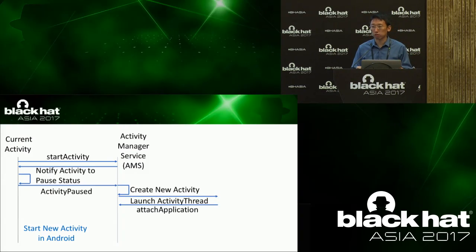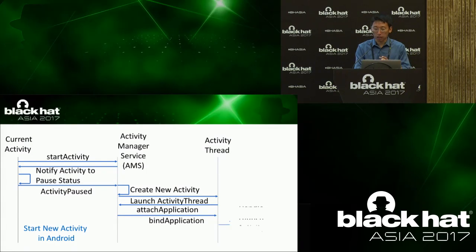Then the AMS will take over the control and perform a series of tasks, like pausing the current activity if needed, creating a new activity environment, and also managing the life cycle of each activity in a stack.